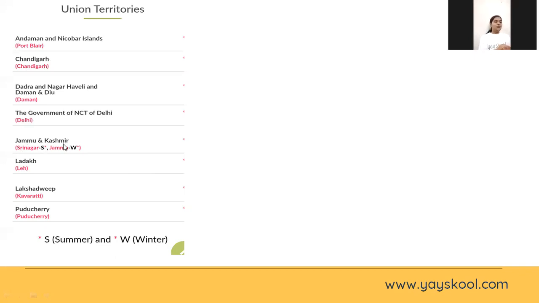And we have Jammu and Kashmir, and the capital is Srinagar. It is a summer capital, and Jammu is a winter capital. And then we have Ladakh, Leh. Then we have Lakshadweep. Its capital is Kavaratti. And then we have Puducherry. Its capital is Puducherry. So this is about the states and union territories.